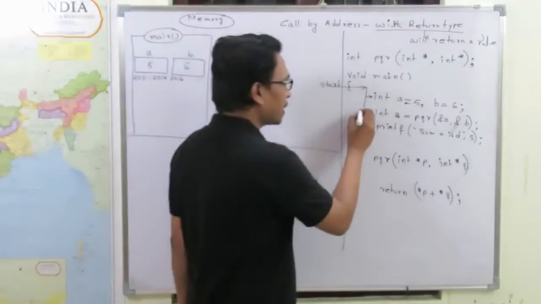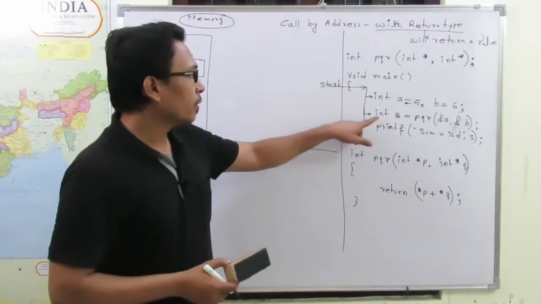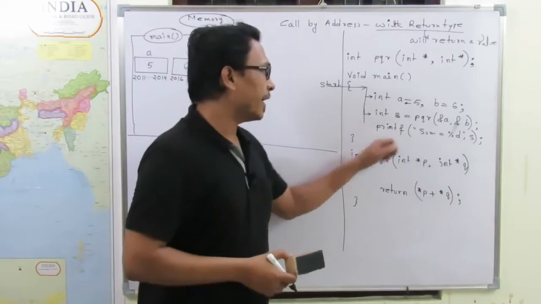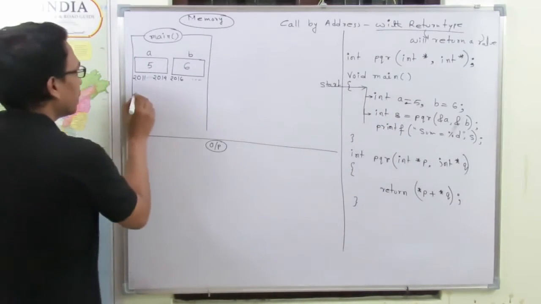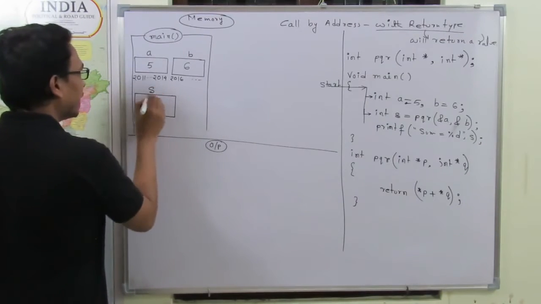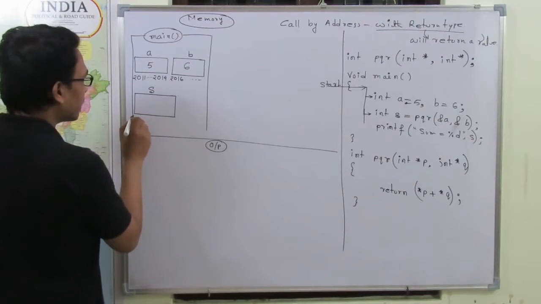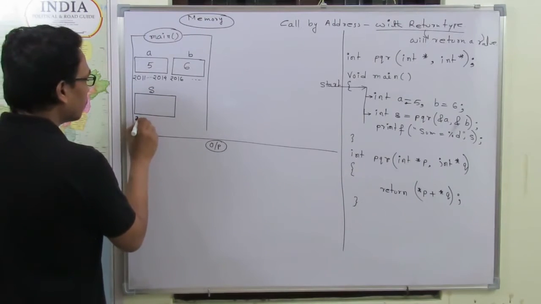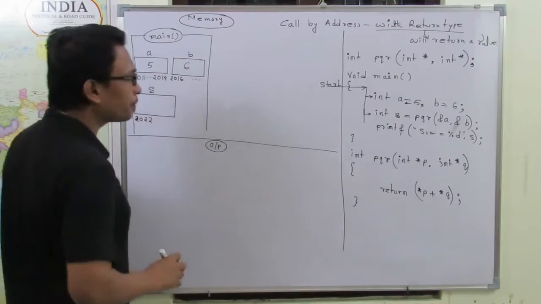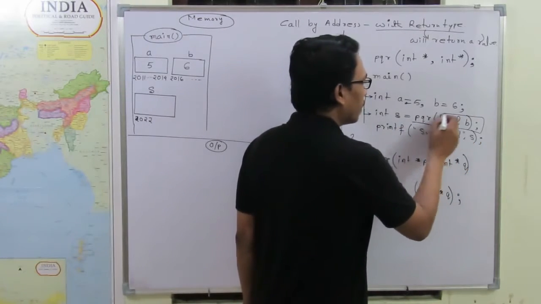In the next statement we declare an integer variable s. That means first the system will allocate memory for the variable s, and the base address of s, let's say, is 2022, and then the pqr function will be called.